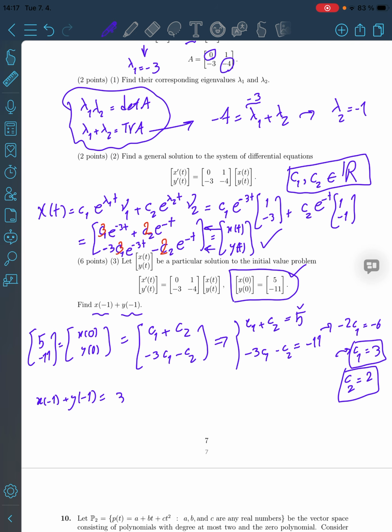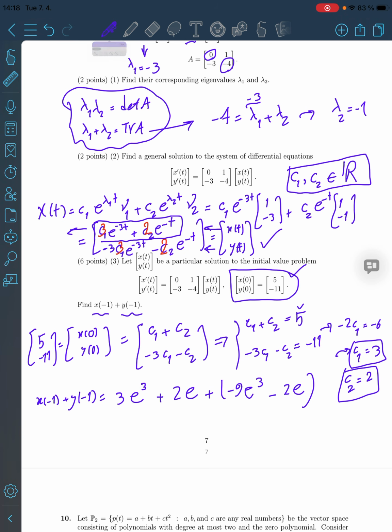So here you have 3e^3 + 2e, plus y(-1). y(-1) is going to be -9e^3 - 2e.